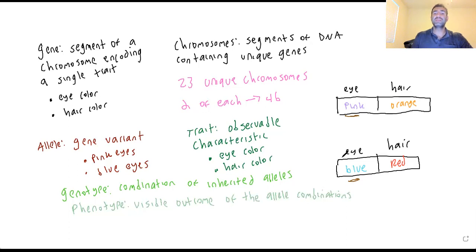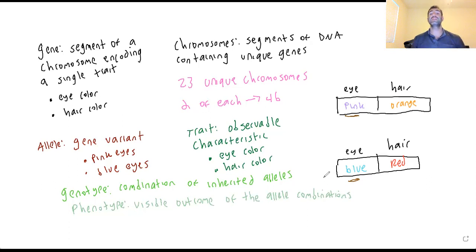In some cases of inheritance, the pink and blue eye alleles will actually combine to form a blend. Or maybe they'll both be visible on the individual, like pink and blue polka dotted eyes. Or maybe one allele will completely overshadow the other, so the individual will only have pink or blue eyes.